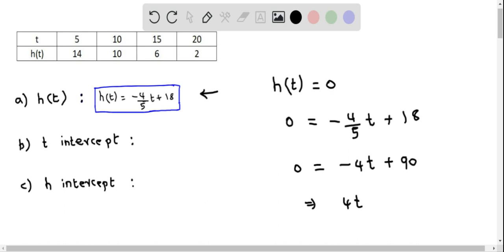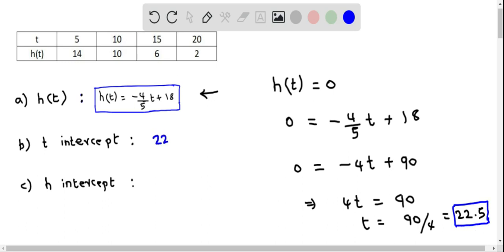We get 4t equals 90, and t equals 90 over 4, which is equivalent to 22.5. So this is the t-intercept of the line. We can write down that the t-intercept is 22.5.